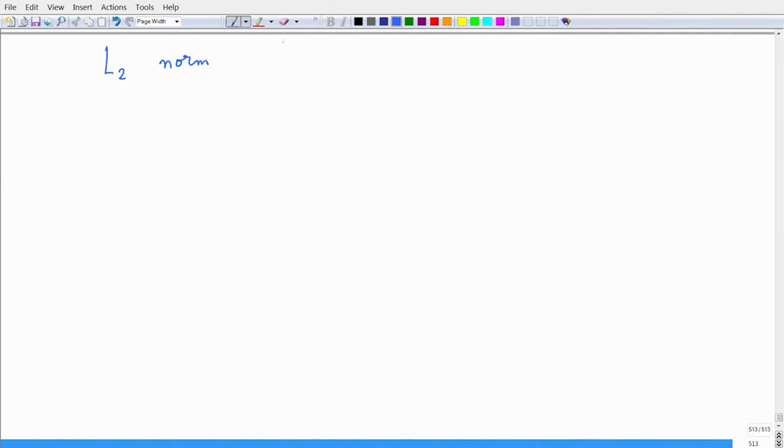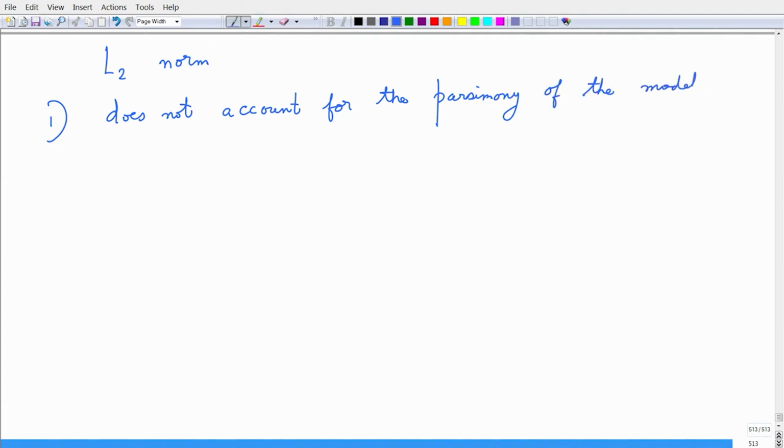L2 norm, one, does not account for the parsimony of the model, that is, we do not account for the sparsity.